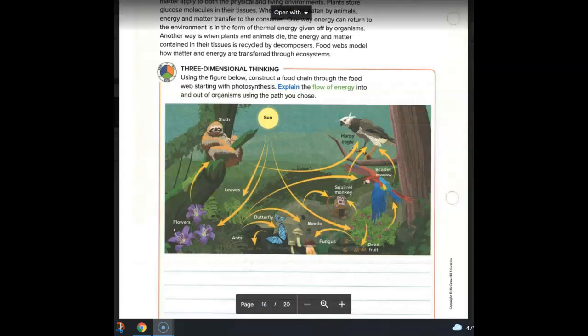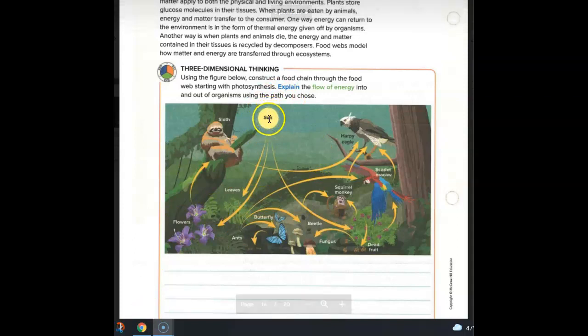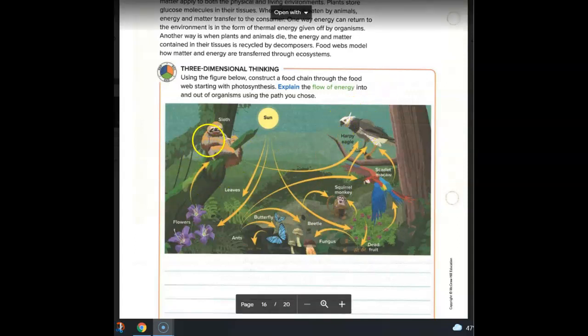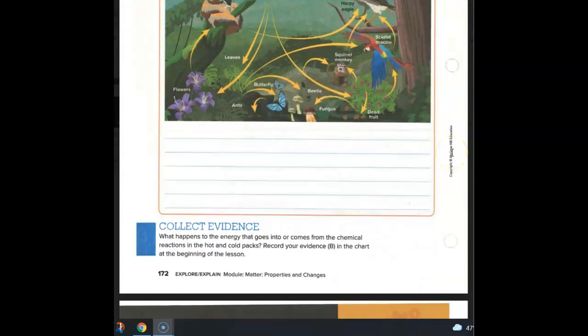So you're going to start with the sun, and you're going to pick one of these paths to do the flow of energy until you get to an animal that has no arrows going out, such as the harpy eagle or the sloth. So you will complete this in your book on page 172.